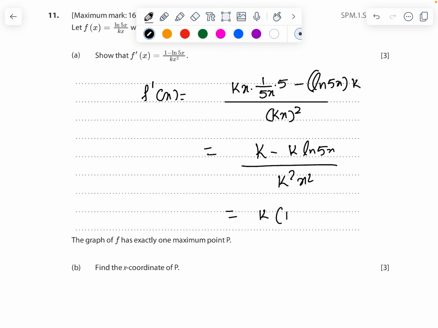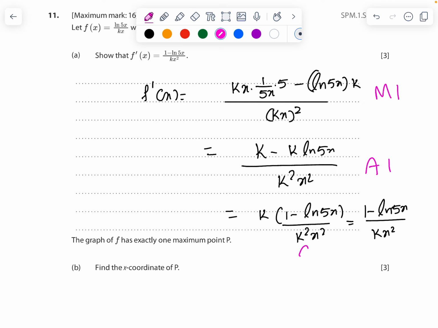Then I take k common, 1 minus ln 5x divided by k square x square. So it becomes 1 minus ln 5x divided by kx square. Now I can justify, this is my method 1 mark, this is accuracy 1 mark, and this is another accuracy 1 mark, and this is answer given.